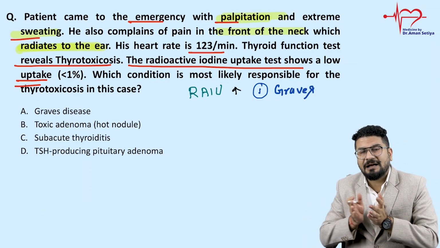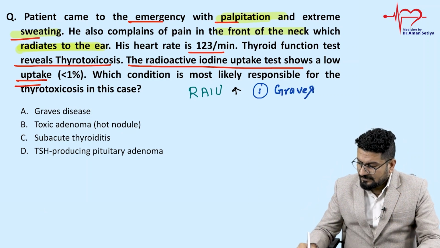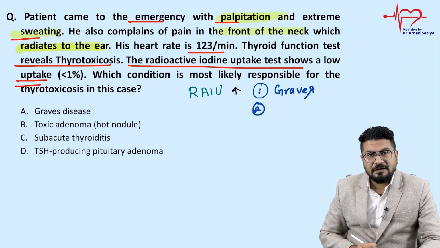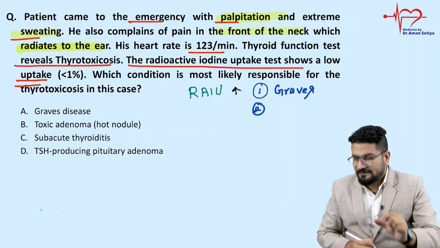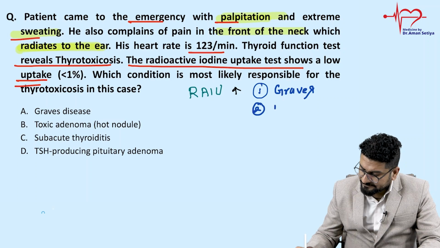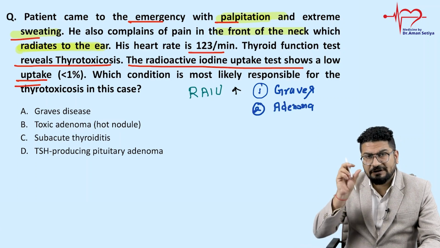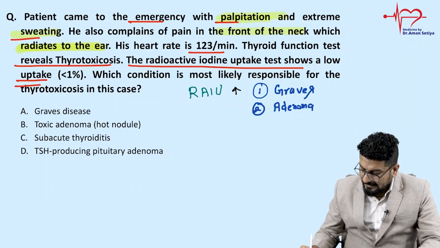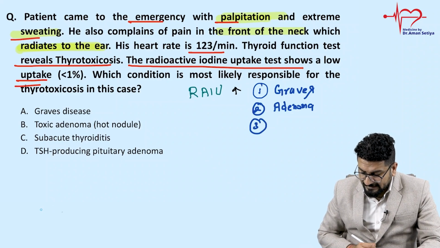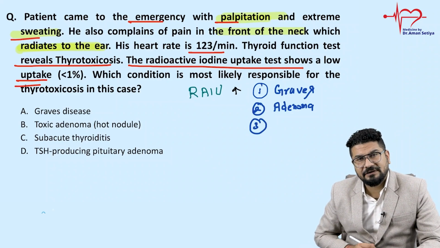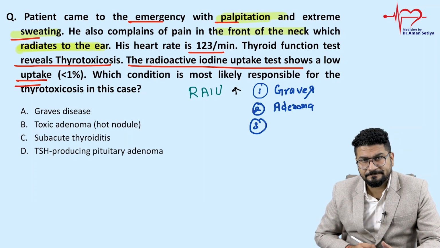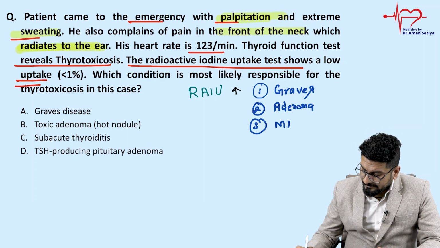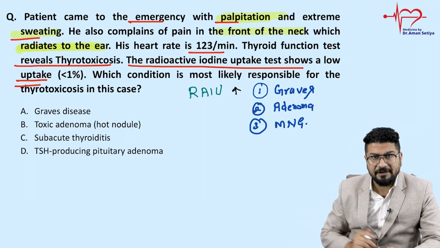In Graves disease, you will see a bilateral equal uptake. Then it can be increased and more centralized whenever there is a toxic adenoma. In toxic adenoma, you will see it's more at the center. And whenever the patient has toxic multinodular goiter, you will see a random uptake.